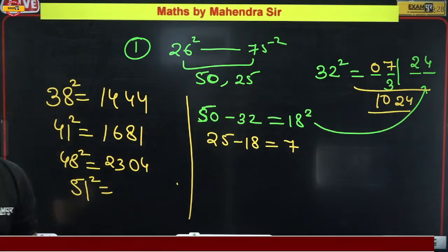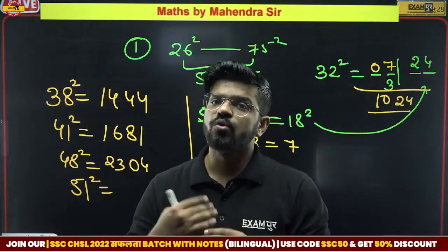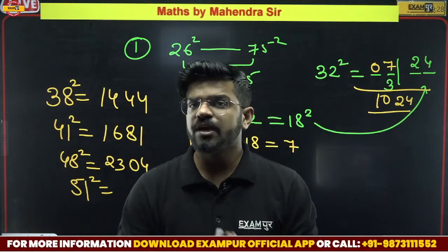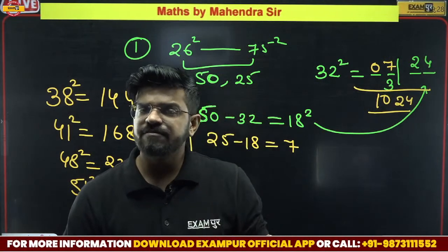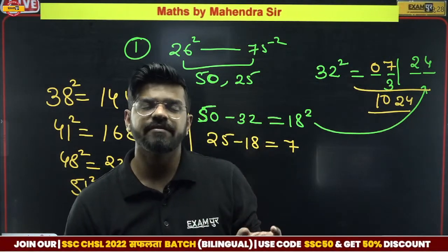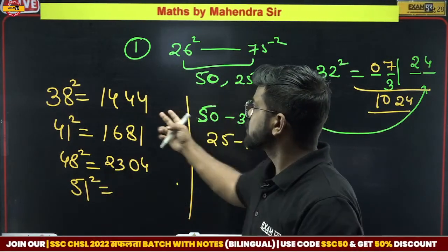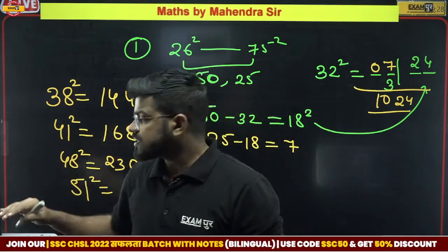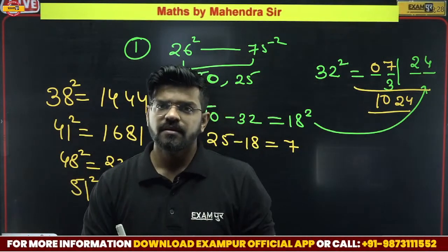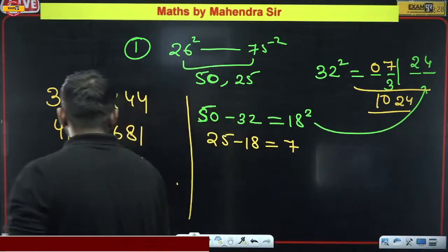So 51 square. Now this number is not less than 50 but more than 50. So if the number is less than 50, we are subtracting that number from 25 and writing it in front of the last two digits. But now this number is more than 50, so we are going to add. So this is one more.